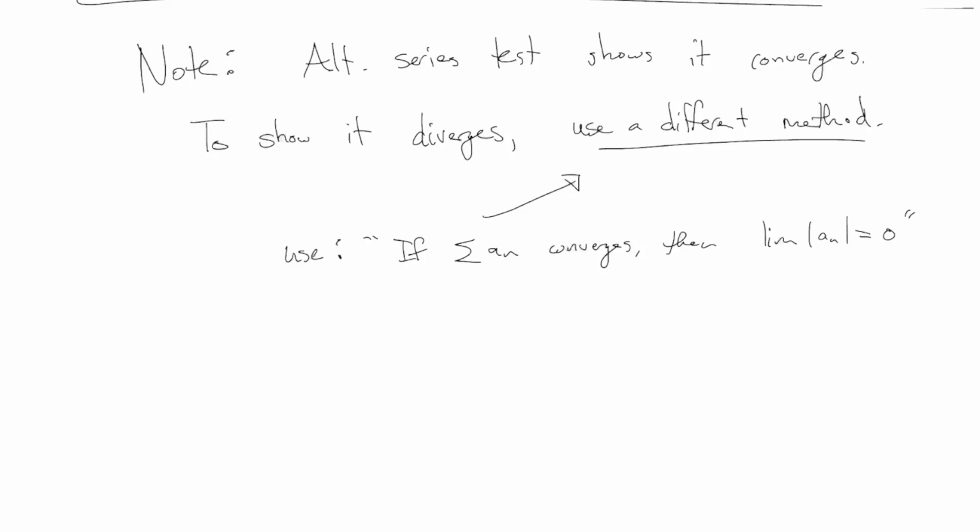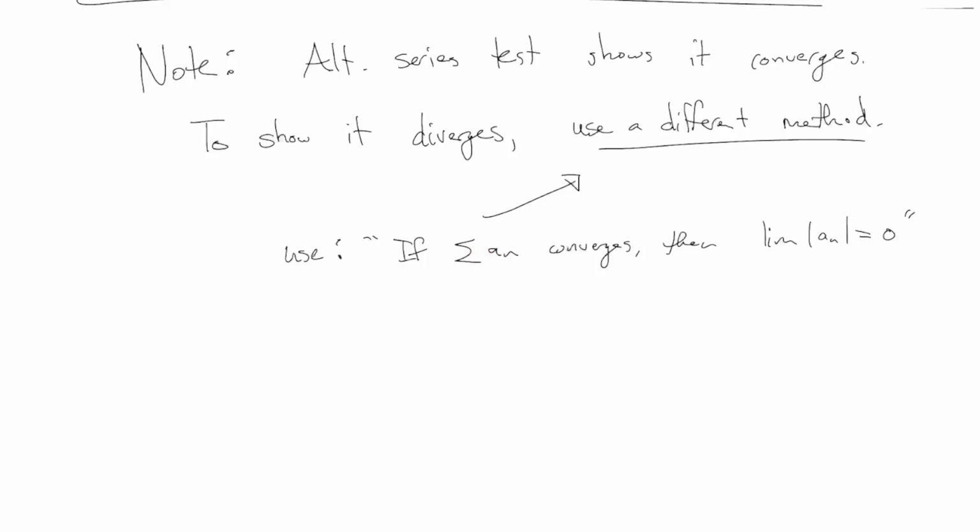If the series converges, then that means that the limit of the absolute value of the terms must be 0. This is a basic fact. If those terms themselves are not getting really small, that is going to 0, then this series definitely diverges. It becomes infinite or something. If those terms are not becoming really small, then the series can't possibly converge.